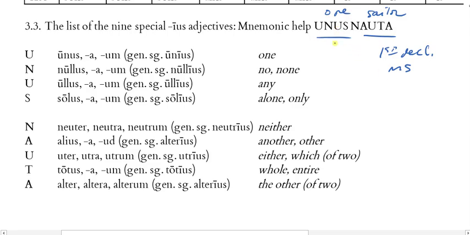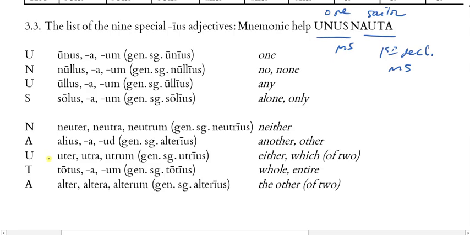And that's why unus matches the masculine singular nominative form here for the adjective. So this is a good little memory device because it teaches us some grammar too. But here are the forms. If we read unus nauta down with each successive letter of the acrostic, we actually can remember the adjectives.